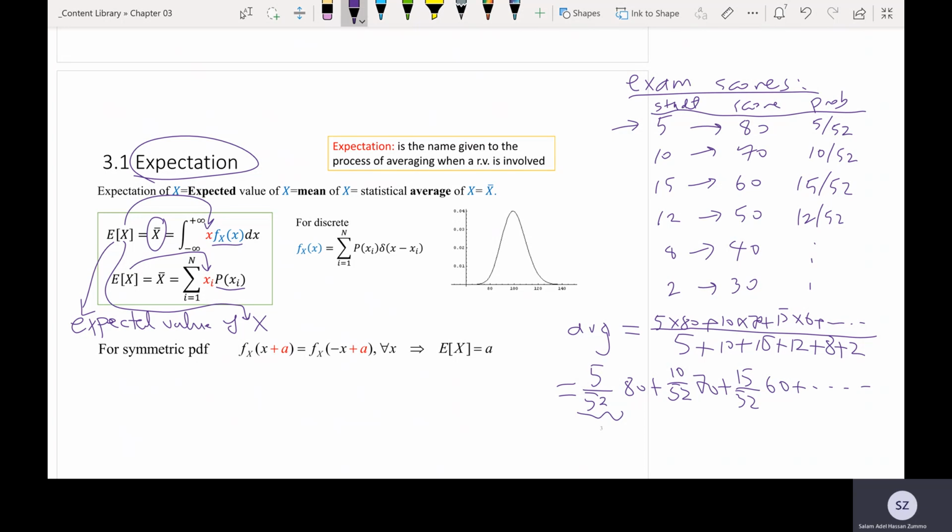Probability هذا السكور happened 5 over 52 times, or the probability 70 happened 10 over 52, 60 happened with a probability 15 over 52, it's more frequent صح, and so on.